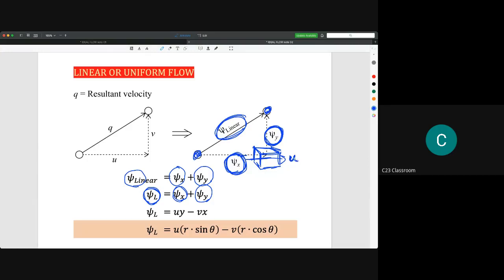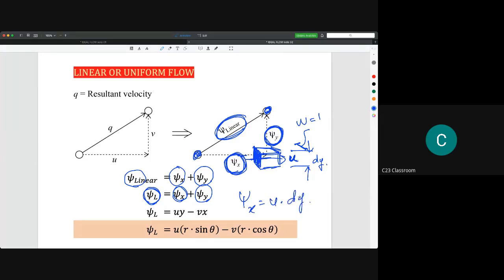So u here, and we need to multiply with the cross-sectional area. The thickness of this is dy, and we assume that the width is equal to 1. So now psi x is equal to u times dy.